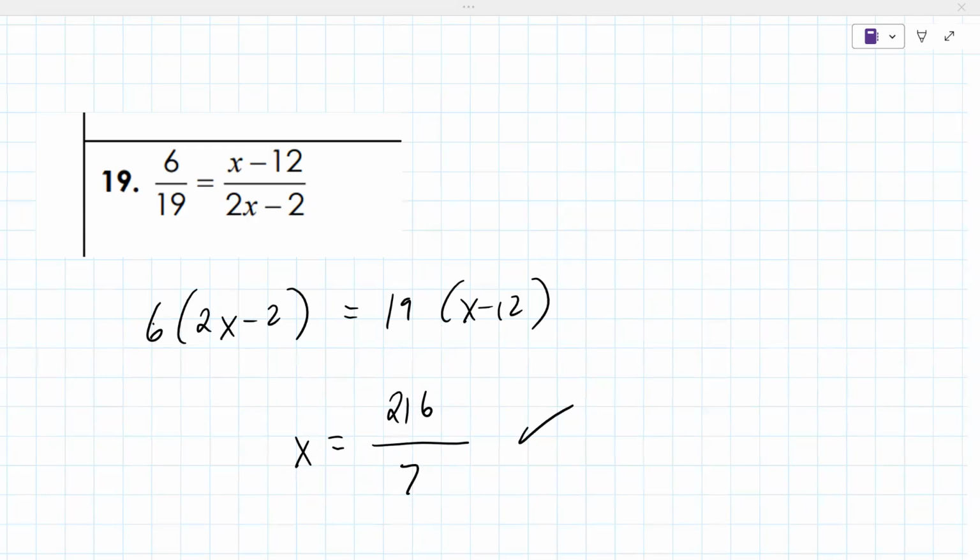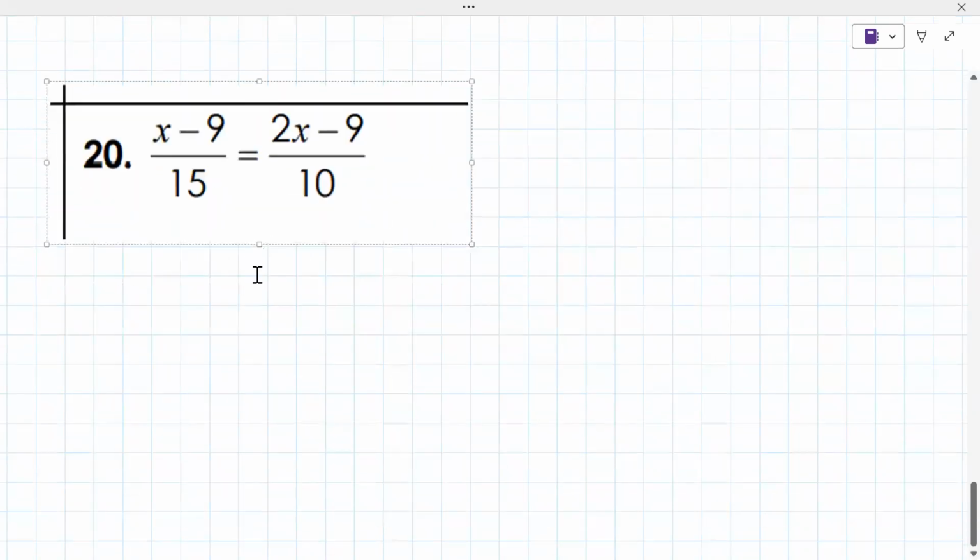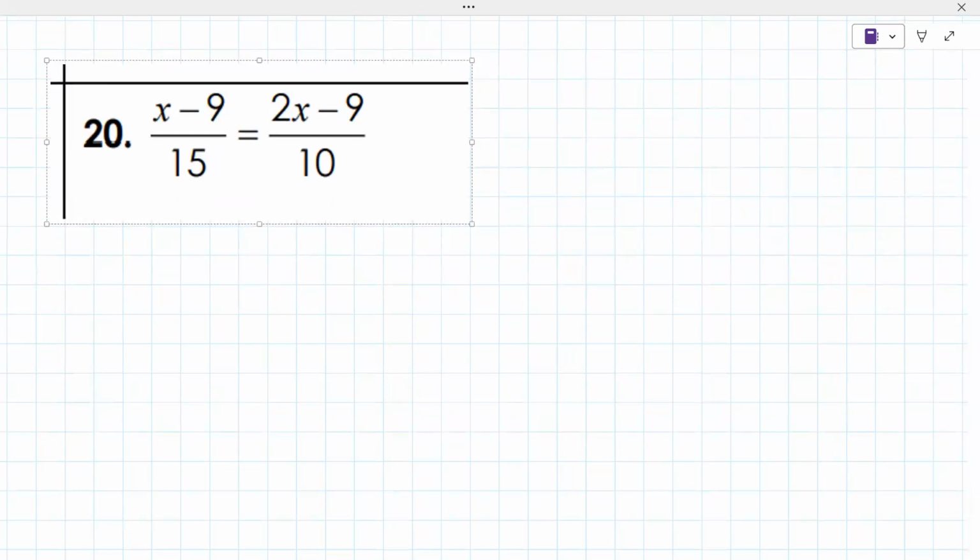All right, so go ahead and try 20. You can pre-reduce if you want. The 10 and the 5 are both divisible by the same number, or you can just multiply.